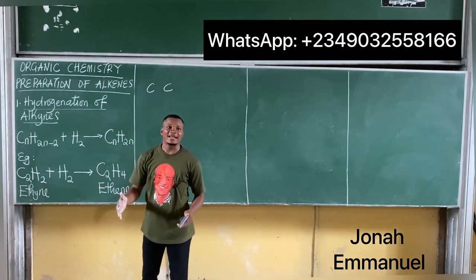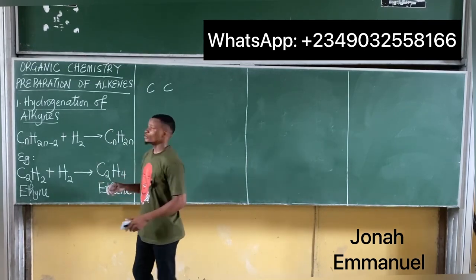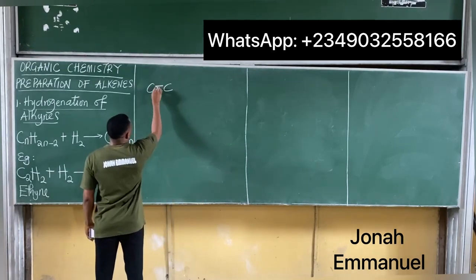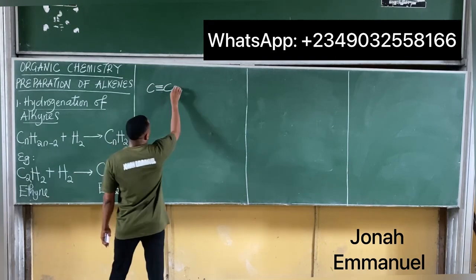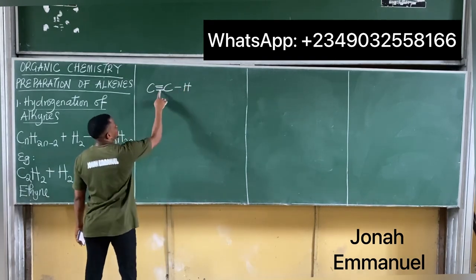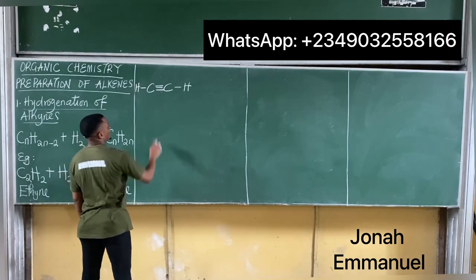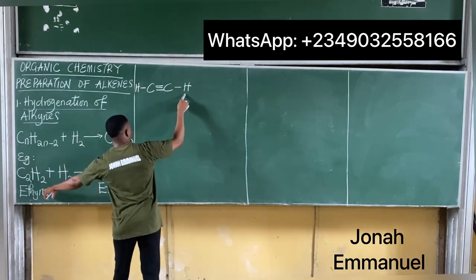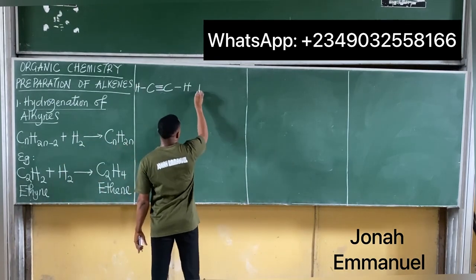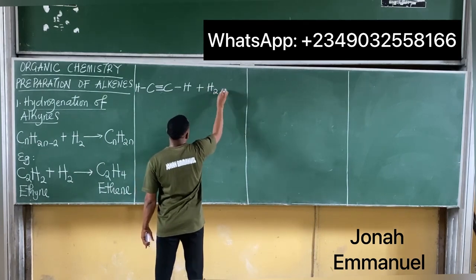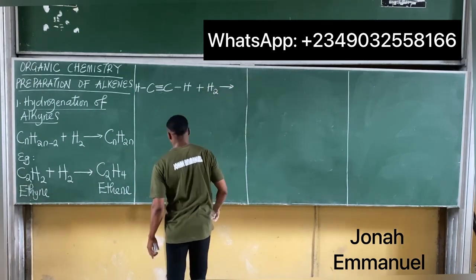For an alkyne, I expect what there? A triple bond. So it becomes 1, 2, 3. This one to H, 1, 2, 3, 4, balance, 1, 2, 3, this one to H. So I'm having C2H2, that's this, plus H2 to give you C2H4.